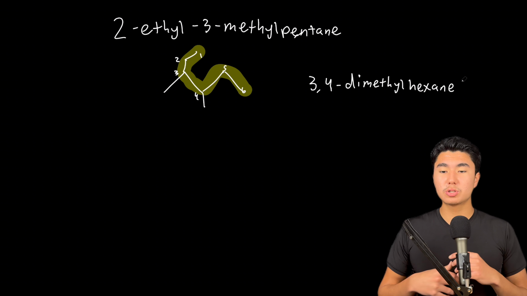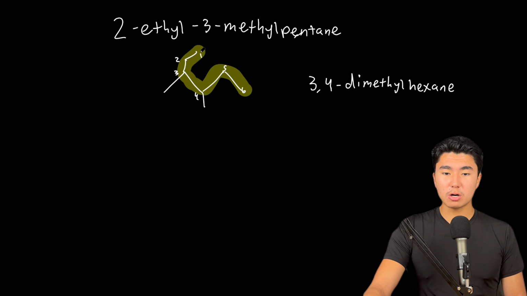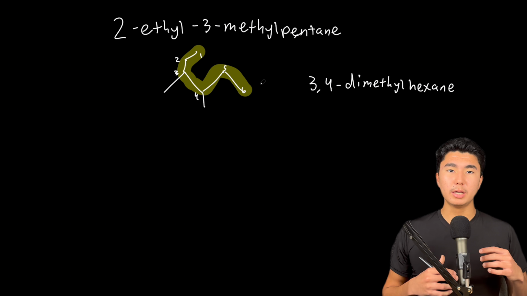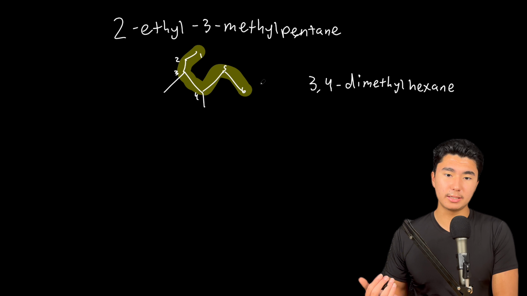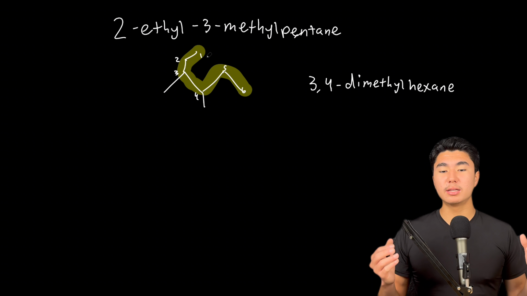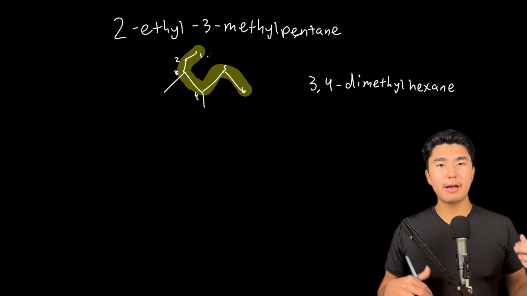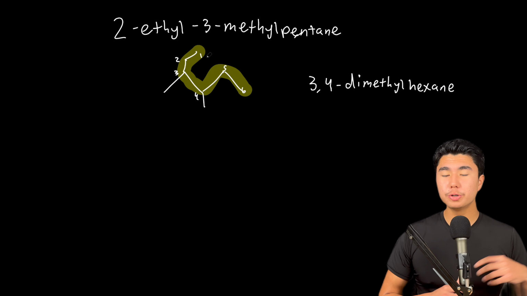But just as a sort of review of what I just went through, we have our longest parent chain going from this carbon over here all the way to that one. So that created 6 carbons, which creates a hexane as our longest parent chain. And then we just descend down and see which ones have a methyl group, an ethyl group, a propyl group, anything like that.